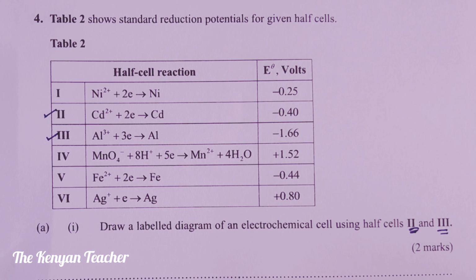In this video, our interest is writing the equation for the electrochemical cell that is made when the two half cells are linked together. We want to give you the stepwise procedure that a candidate needs to follow to get the equation correct.